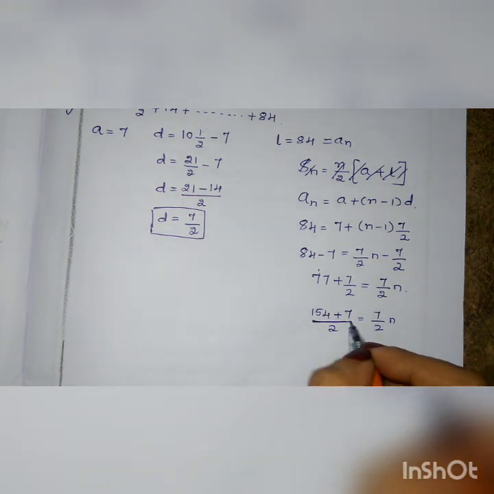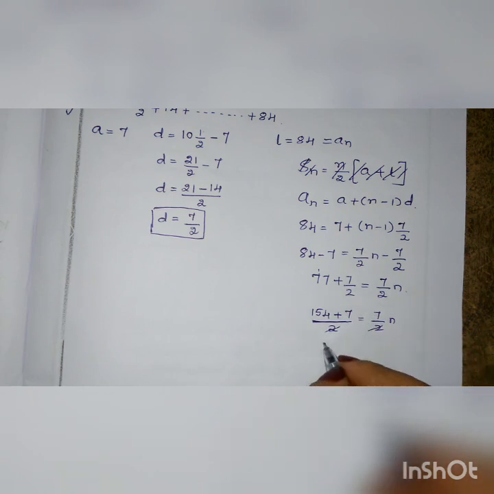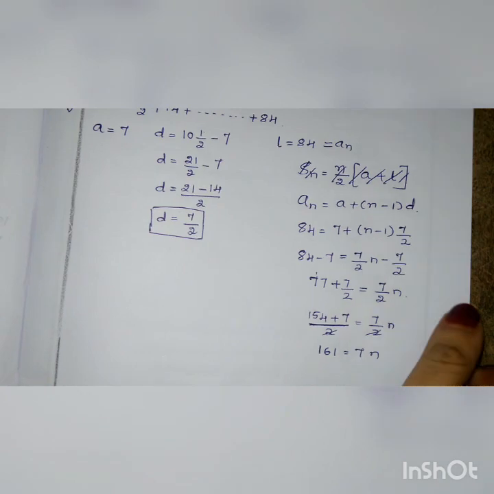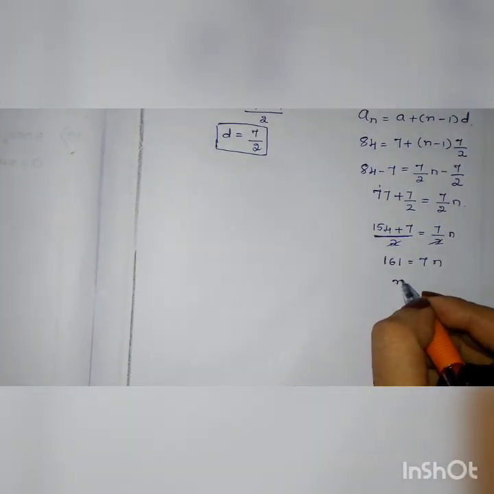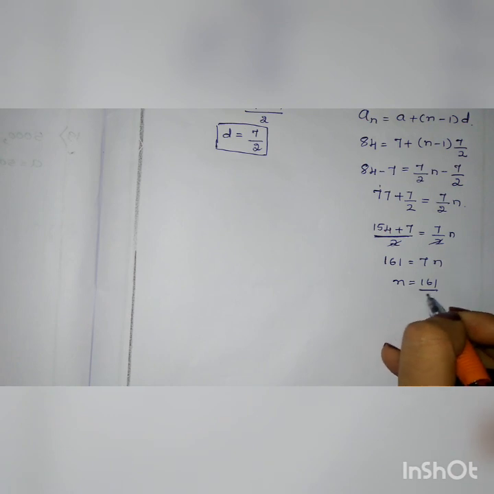Now we can cancel this 2. 154 plus 7 is 161, equal to 7n. Now n is equal to 161 by 7.